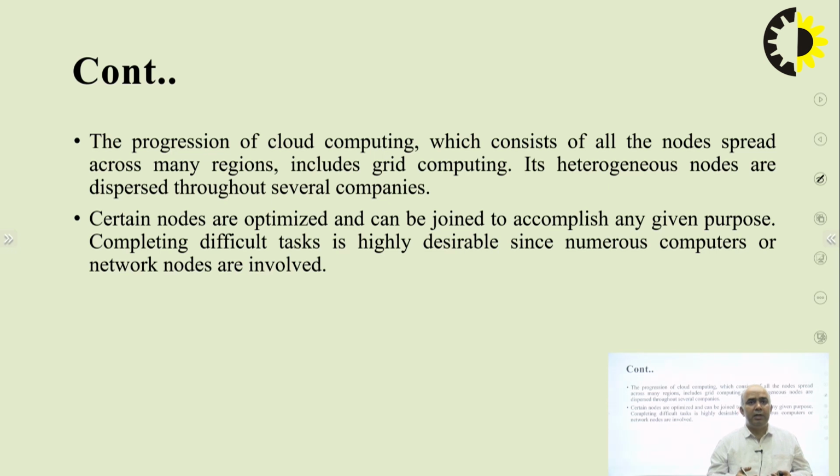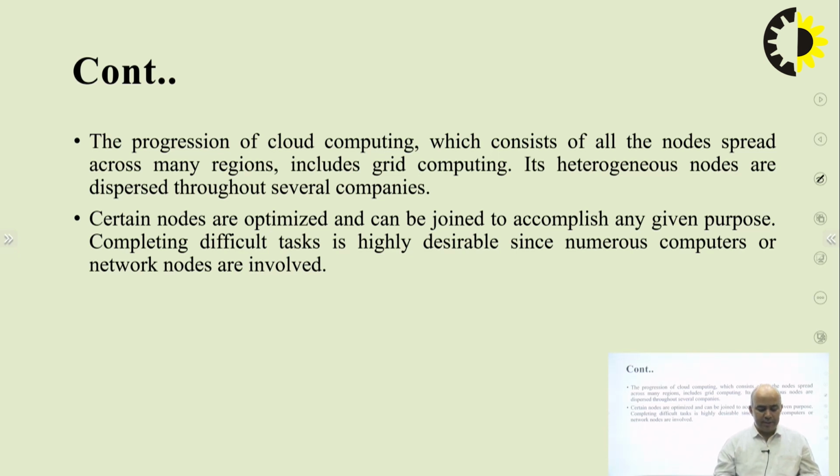Because simultaneously the various nodes are used for executing various applications and instructions. So certain nodes are optimized, can be joined, and accomplish any given purpose. Completing a difficult task is highly desirable since numerous computers or network nodes are involved in executing those instructions.